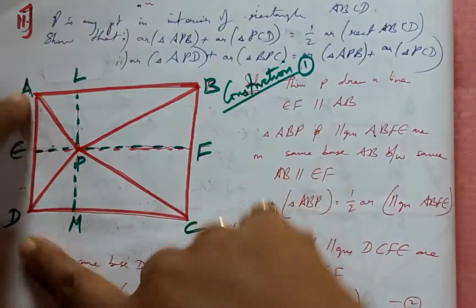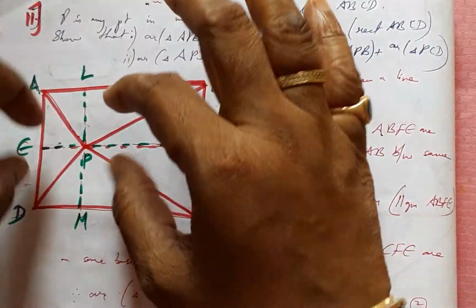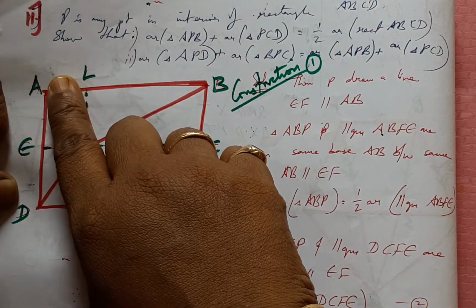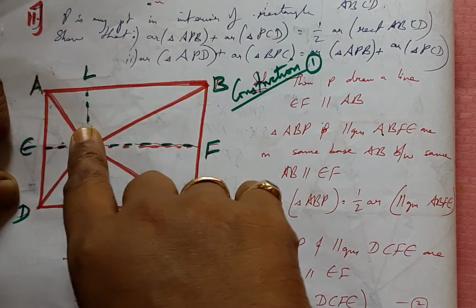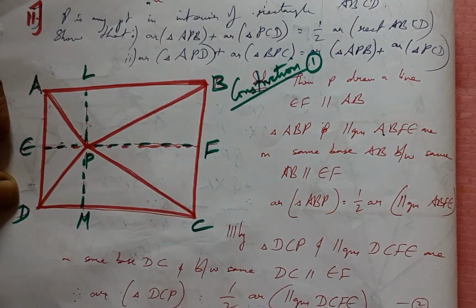Similarly, this triangle's area will be half of the area of this rectangle, and if I add these two rectangles I will get the complete rectangle area, and if I add these two triangle areas it will be equal to half the area of the whole rectangle.